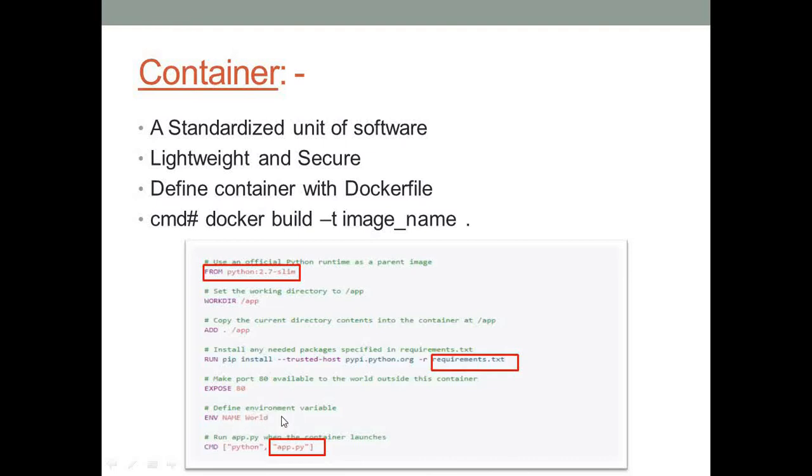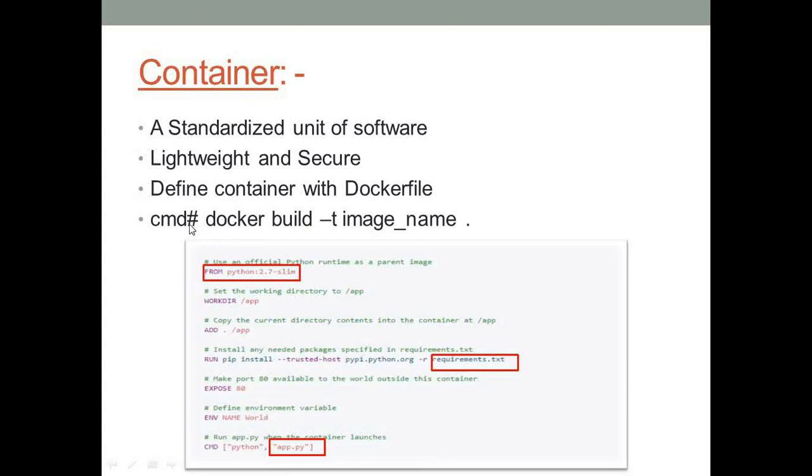This is the environment variable, and then it is going to run the main application, that is app.py, written by some developer. Now you can see the developer doesn't have to worry about the requirements or dependencies, nothing. Whatever the requirements are, they are already written in the Docker file. This is the Docker file that is used to build a container.